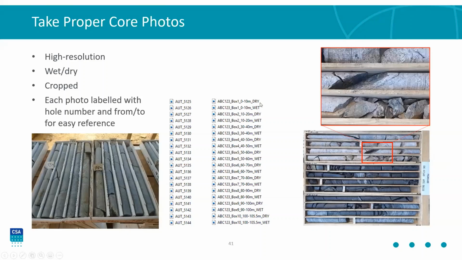Makes it really easy to go back and inspect things after the fact when you're trying to do an interpretation and you're not sure. Rather than having to dig through core boxes, you can just go back and look at the photos. So that's a really easy win, and something that I think people should really pay more attention to.